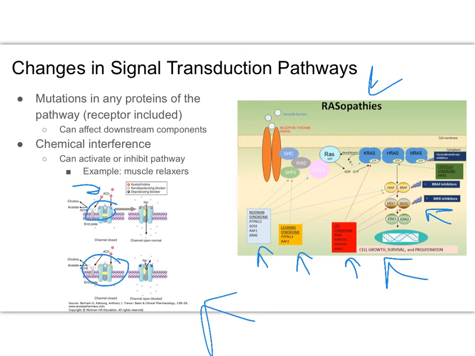That's why if you've been on muscle relaxers or you've seen anybody on muscle relaxers, they don't really have full control, even if they want to. Even if they send the signal that tells it to contract, they're still not getting the response that they want because the medicine is chemically interfering with the signal transduction pathway, in particular the reception part of the pathway.